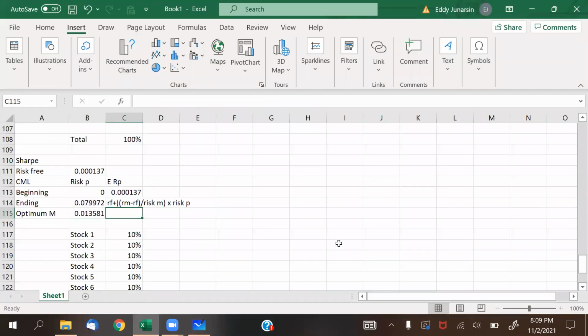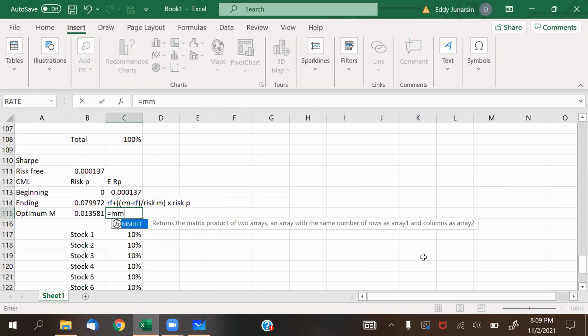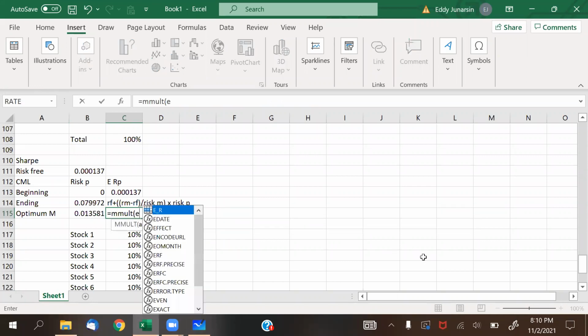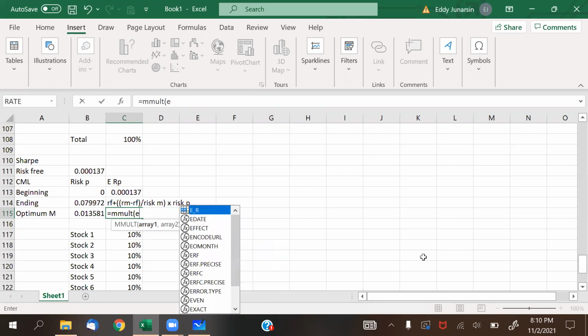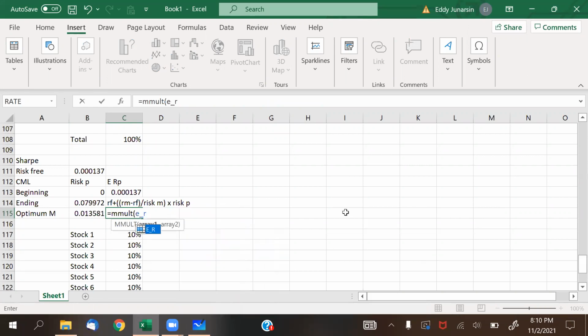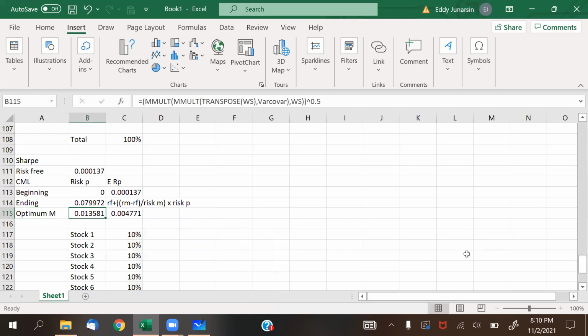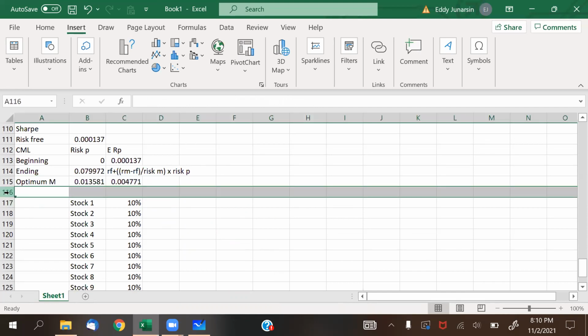And then what would be the expected return on the market portfolio? This would be very simple: mu, the expected return, with the new weight, the WS. Okay, so we get certain numbers, but this will most likely change when we do the optimization.